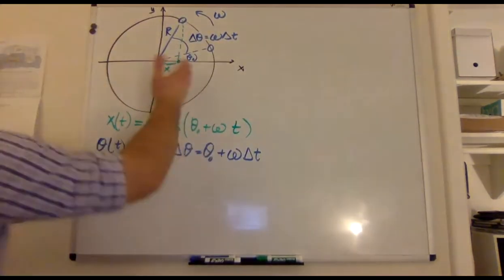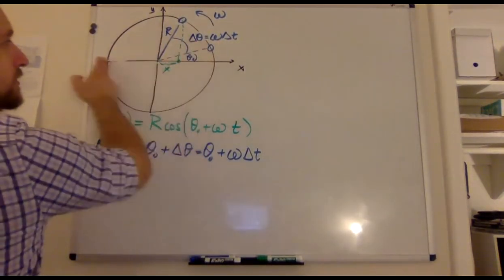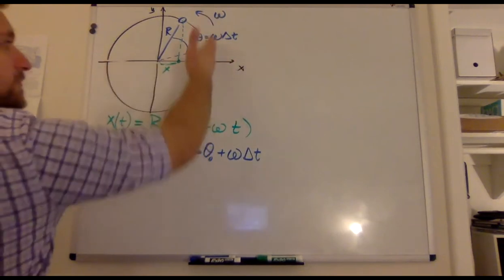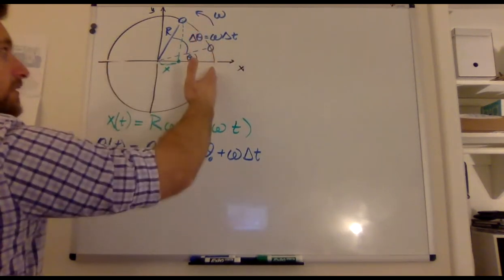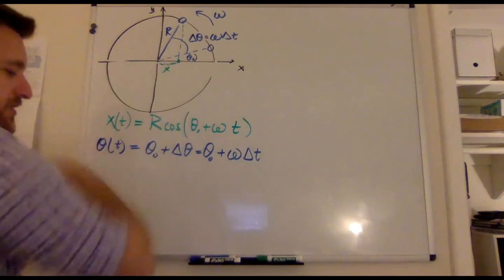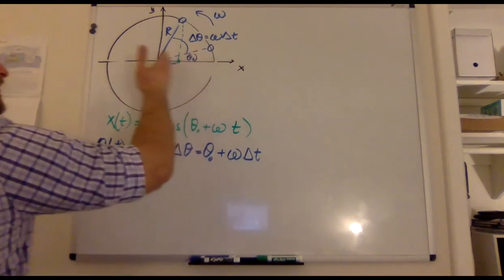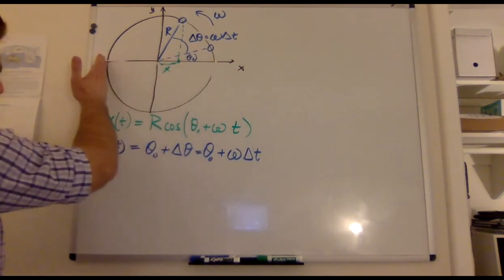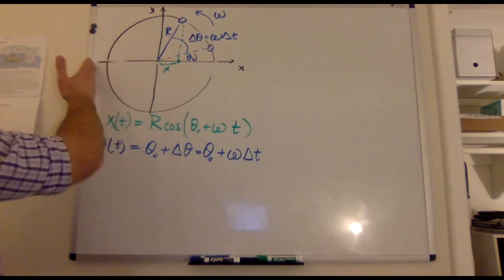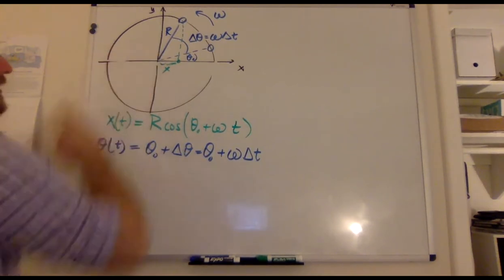So we've got an object moving back and forth between some maximum point of distance away from an origin and through the origin to some maximum negative distance away and then back.